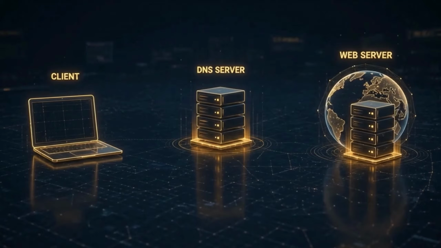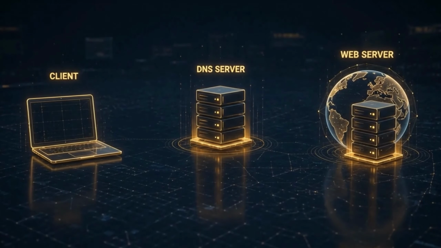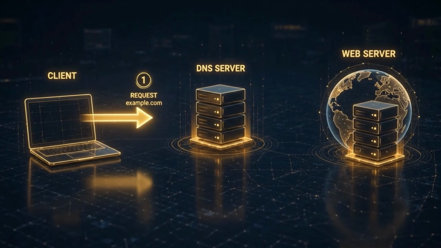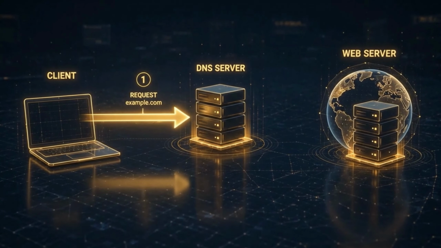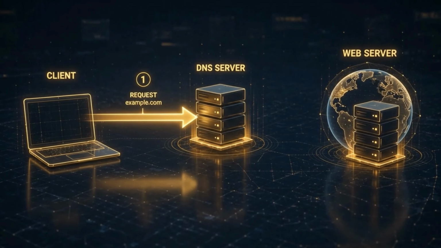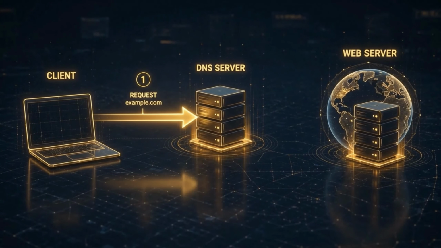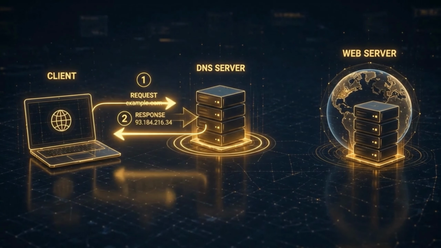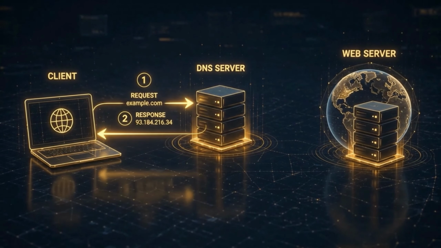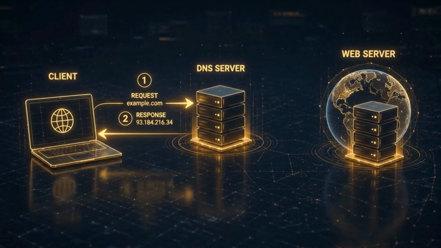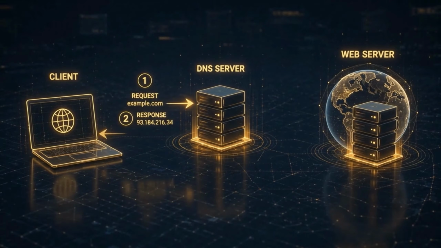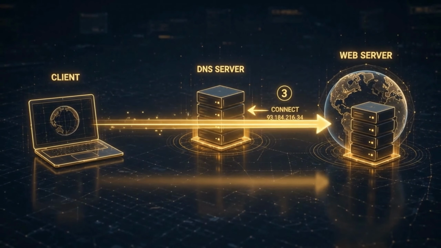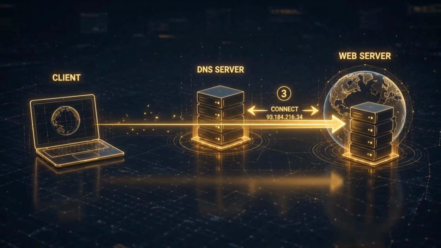Now watch what happens in the half second after you type google.com and hit enter. Your device, the client, doesn't actually know where Google lives. So first, it asks for directions. It sends a request to a DNS server, the internet's phone book, and asks, what's the address for google.com? DNS answers with an IP address. Now, your client knows where to send its request.